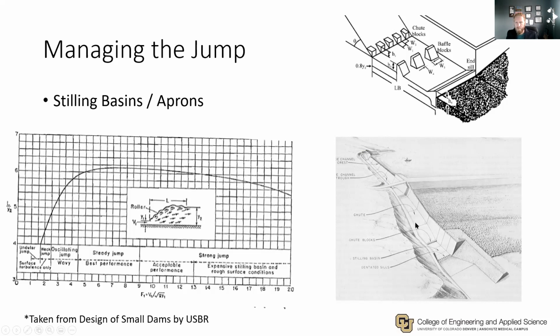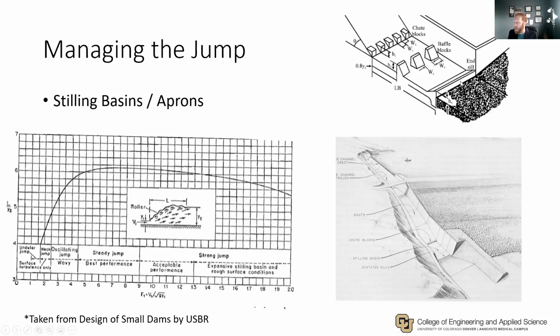And the chute is where we have supercritical flow, where the Froude number is greater than 1. And then we have chute blocks. These are chute blocks that start breaking up the flow. They start impeding the flow. And we offset those chute blocks with baffle blocks to force our jump. We start making the water have to hit and run into things so that the jump starts to happen.